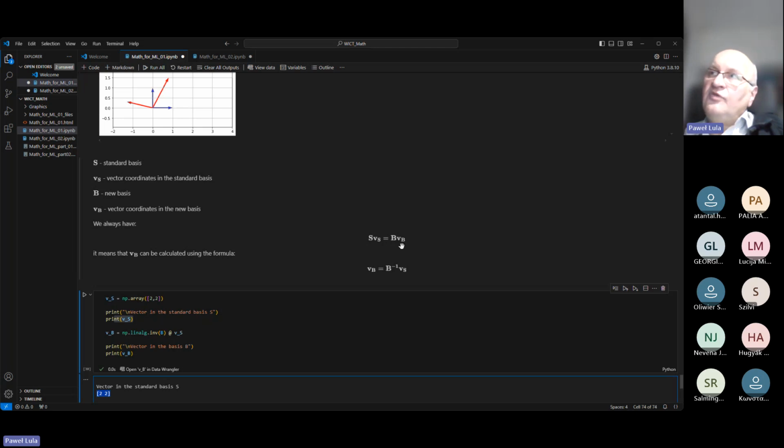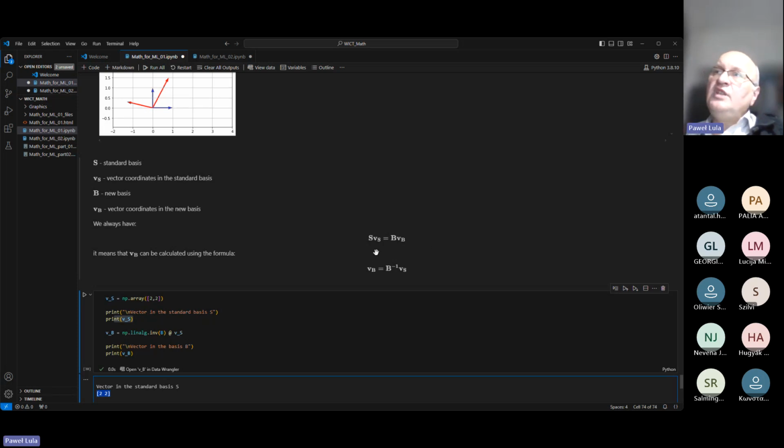And VB is a vector, the same vector which we have here, but with coordinates which are expressed with respect to the basis B. And it is always true that these two products generate the same vector. It is always true.